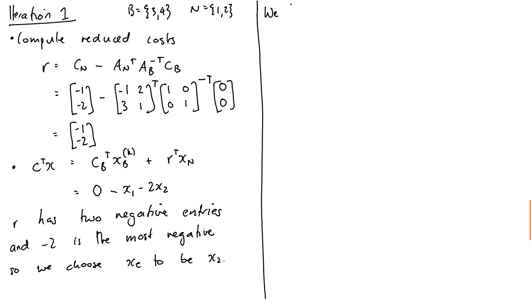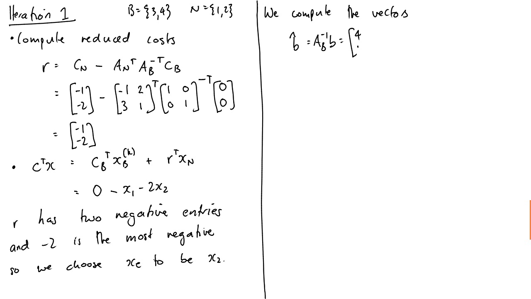So looking back to our notes on simplex, we compute the vectors b hat equals A_B inverse b, which is 4, 9.